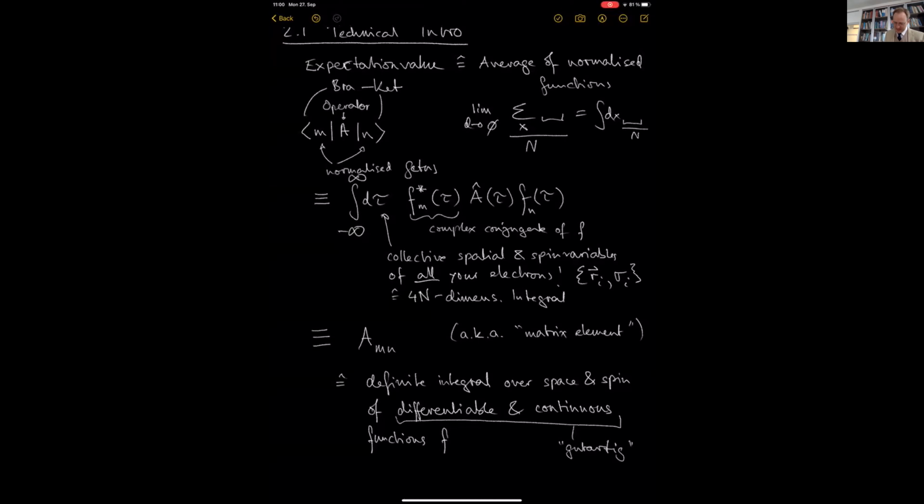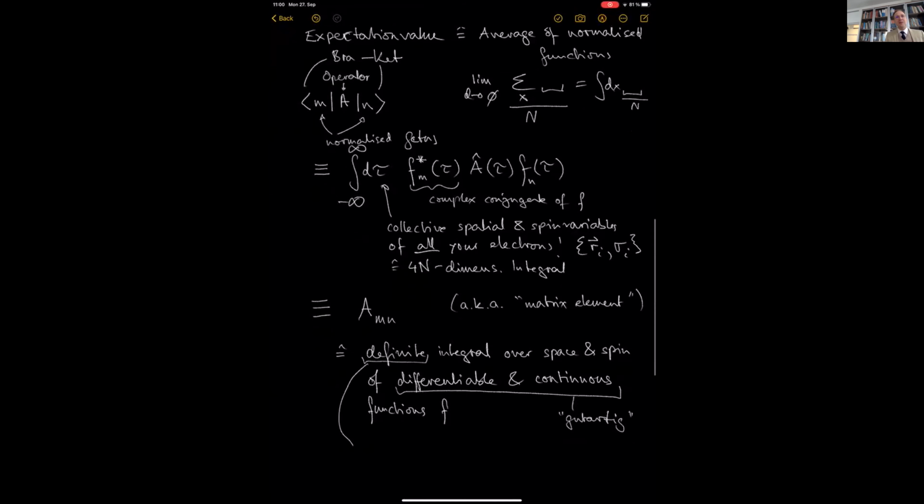This integral is definite. Why is it definite? Right? It's definite because we consider here matter, which we assume to be finite. Right? So if you go from infinity to infinity, it means there's no matter left, and all your matter is somewhere where you have your integral. Right?